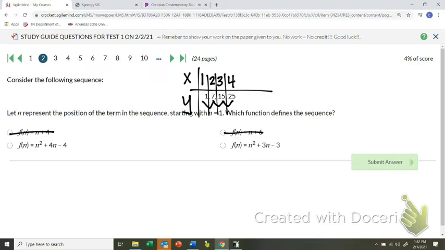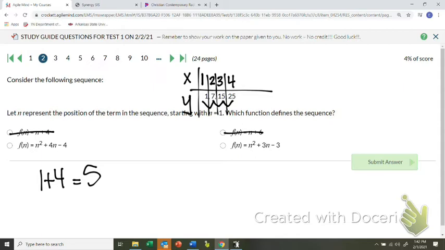Now, if you didn't know that, you didn't know what that meant, you could say 1 plus 4. What's 1 plus 4 equal? But when I put in a 1, what am I supposed to get out? 1. Is 5 the same thing as 1? No, so that's why that first one didn't work.